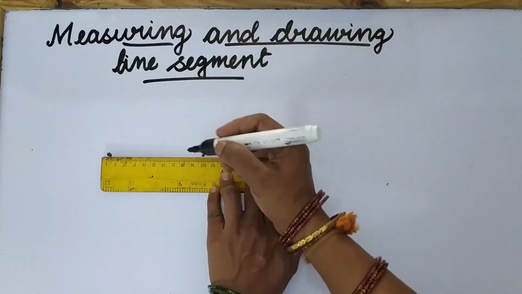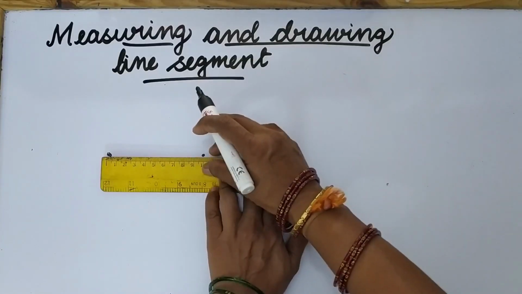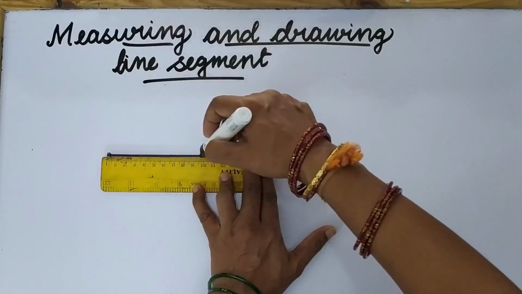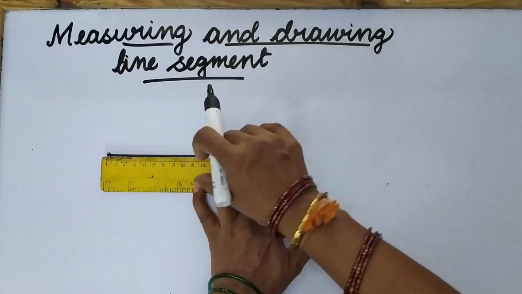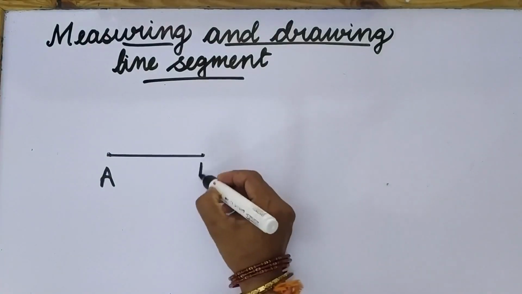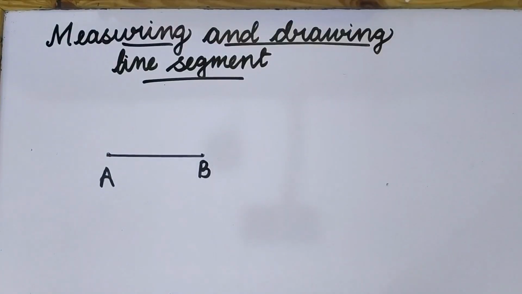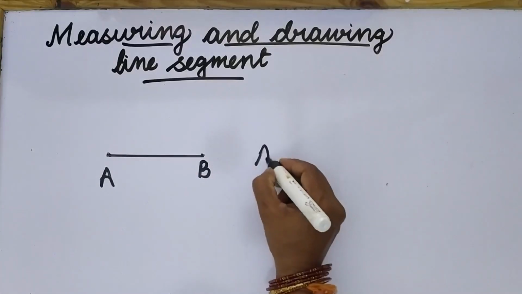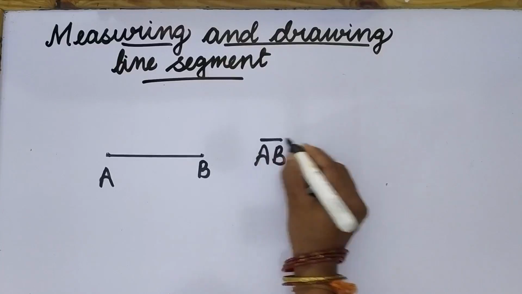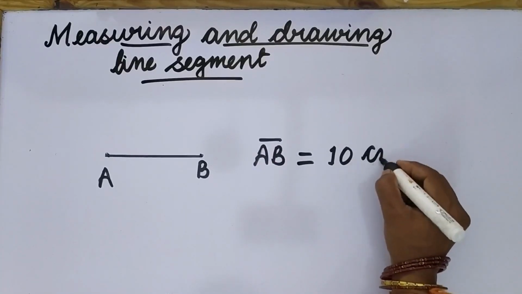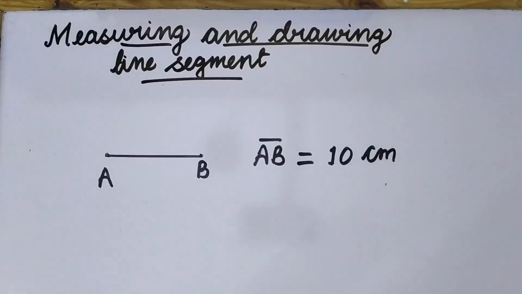Both points should be kept first, then the scale should stay there and draw the line, joining the points. Then this end will be B. In this way we can draw a line segment. How to name it? AB line segment is equal to 10 centimeter. Centimeters we are going to draw.